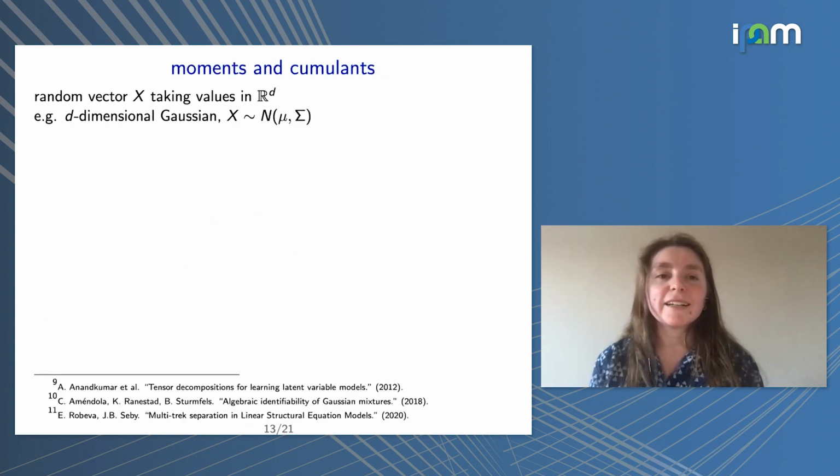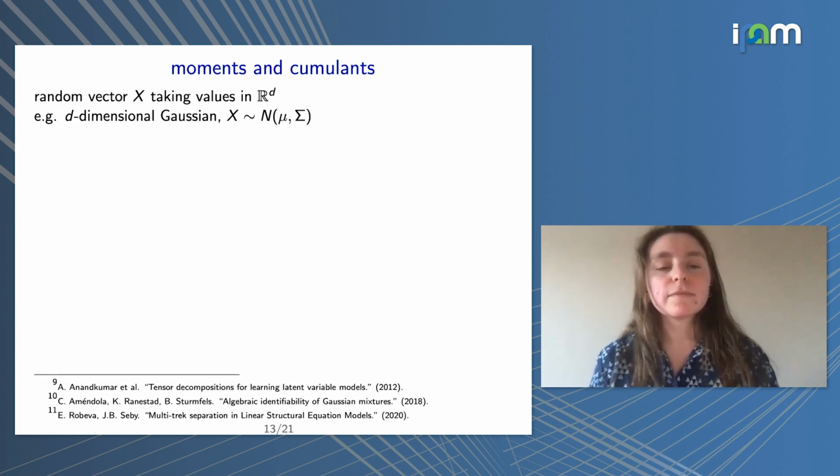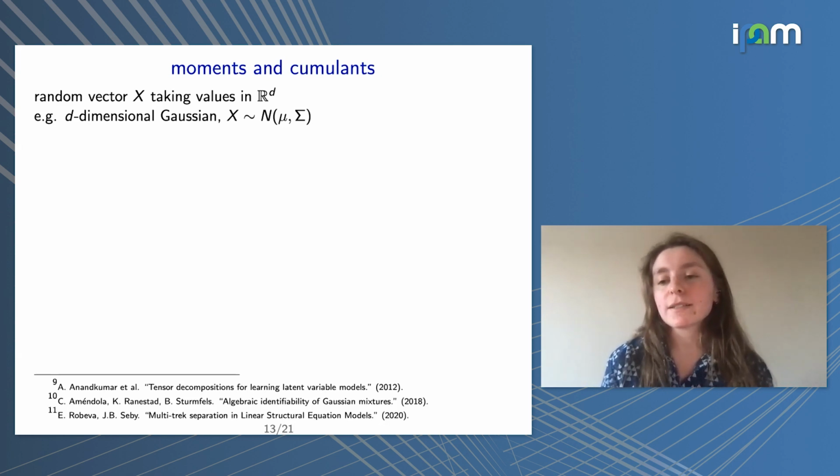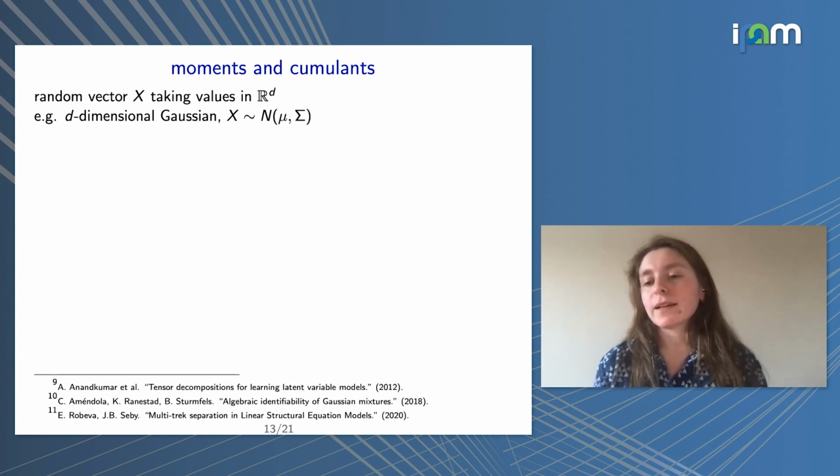Okay, so I will now move away from considering probability tensors and non-negative rank, and instead talk about moments and cumulants of a distribution. These are tensors that arise when looking at random variables that now don't need to take values in some finite state space, but can take values in, for example, R^d.